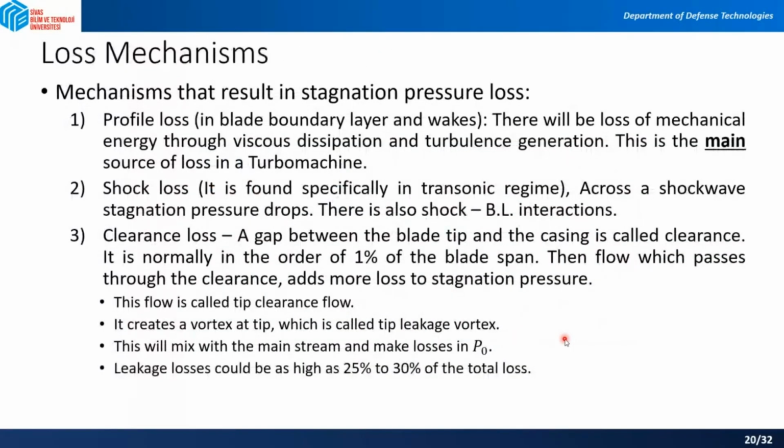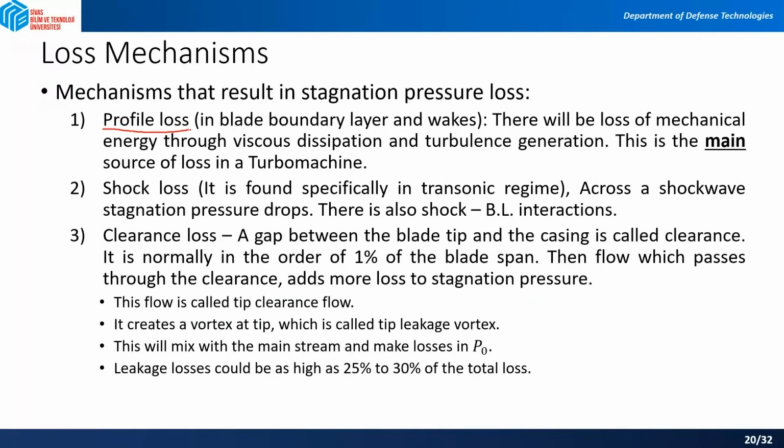Let's have a look at the mechanisms of loss. So we said that we have some real fluid effects. Those will be generating some mechanisms that result in stagnation pressure loss. The first one is the profile loss.